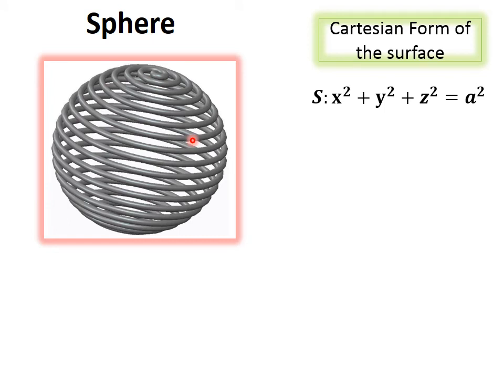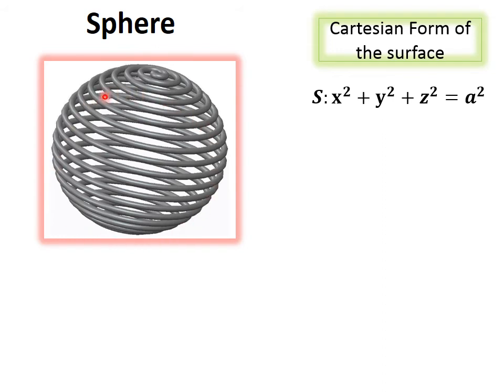The generating curves are circles in all three coordinate planes. So it is not like the surfaces we have seen so far, such as the cylinder, cone or paraboloid. All those surfaces have angular variation and height variation. For a sphere, there is no height concept. It has only angle variations in all three coordinate planes.